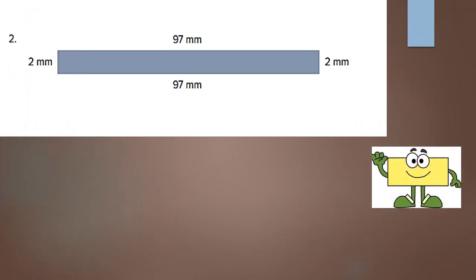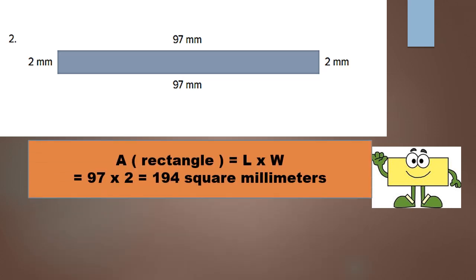Number 2, we have a rectangle. Its length is 97 millimeters and its width is 2 millimeters. Let's get the area of this rectangle. Length times width. So 97 times 2 equals 194 square millimeters.